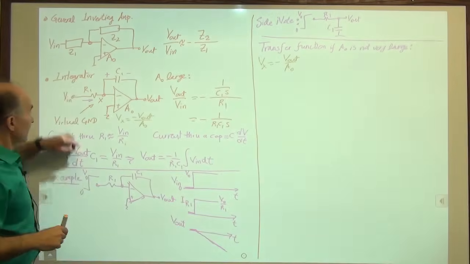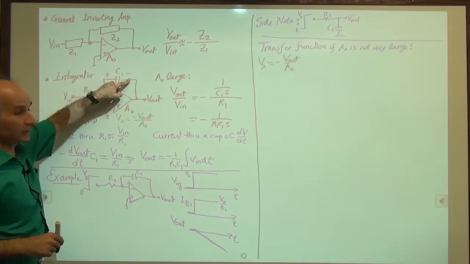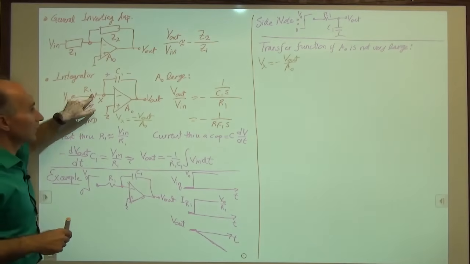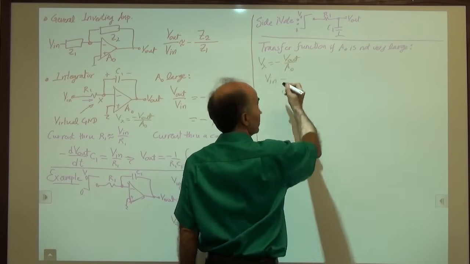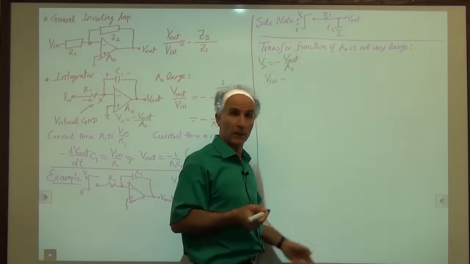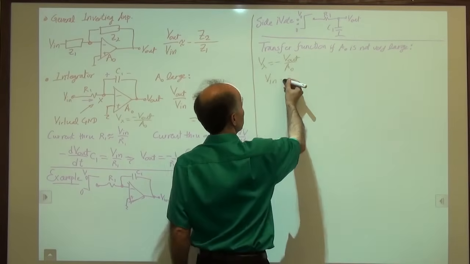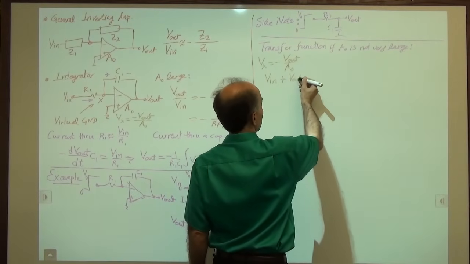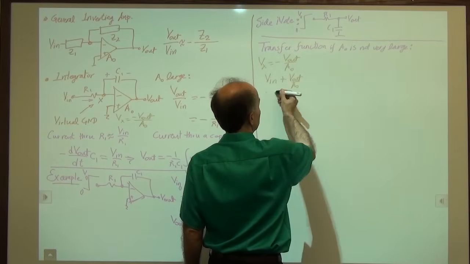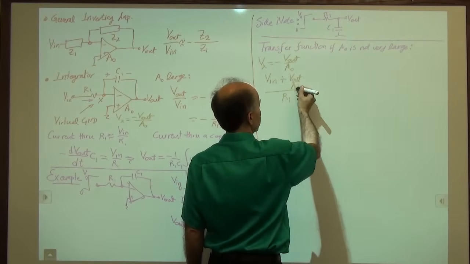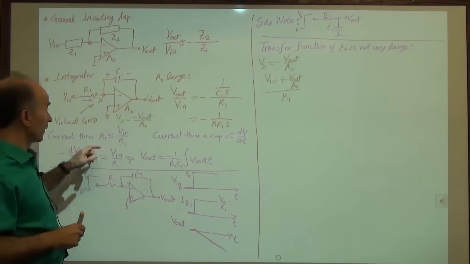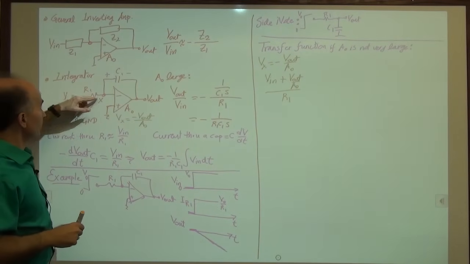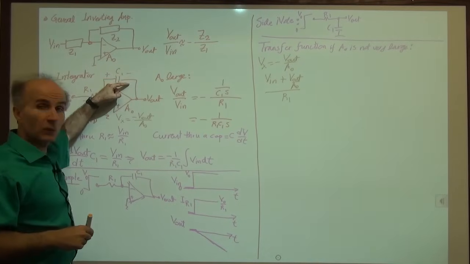The second principle is that this current is equal to that current. So the current through R1 is equal to V in minus Vx divided by R1. And Vx we know. So V in plus V out over A0, divided by R1. That is the current flowing from left to right in R1. And this current has to be the same as the current flowing through C1.